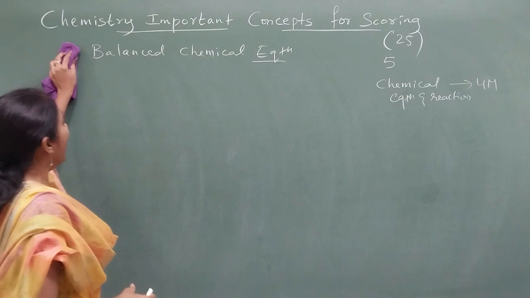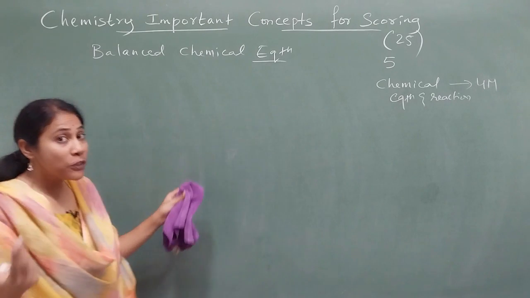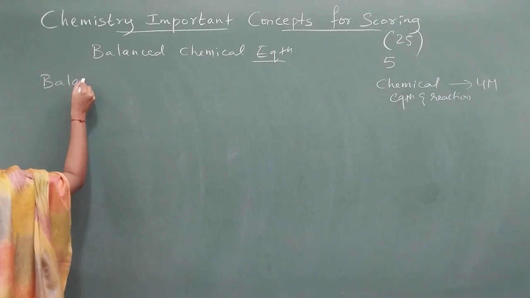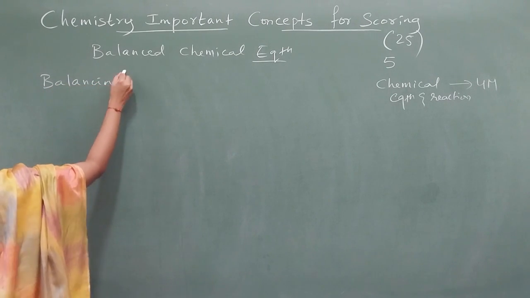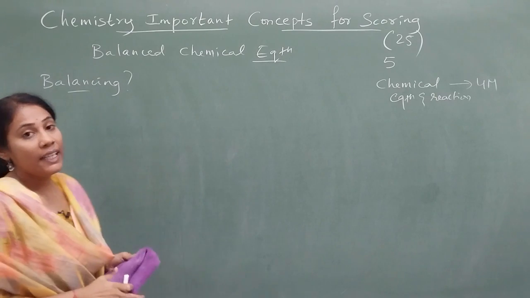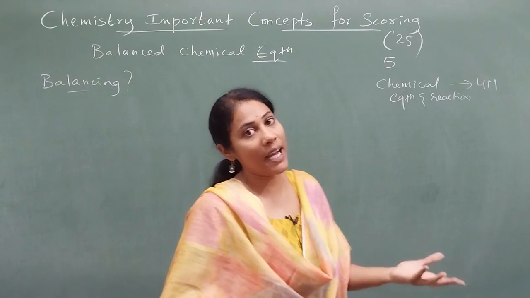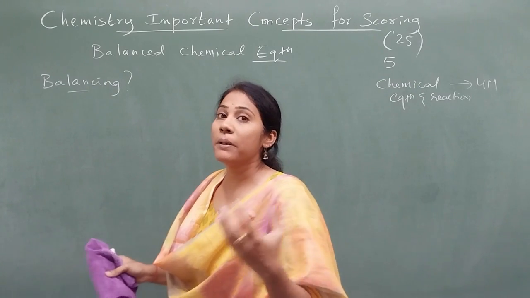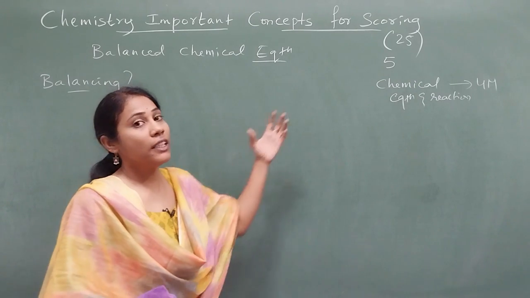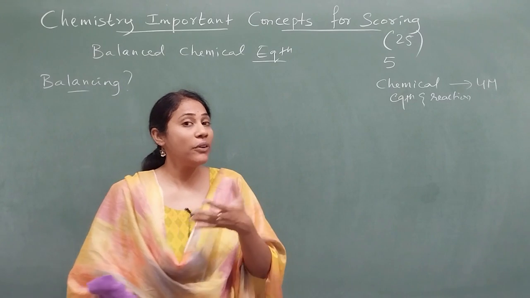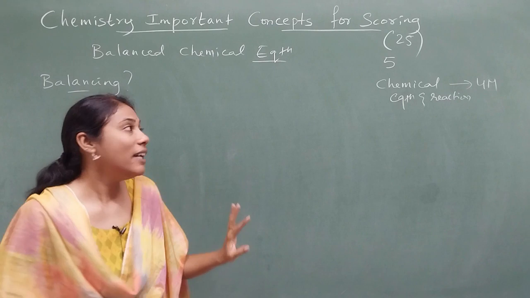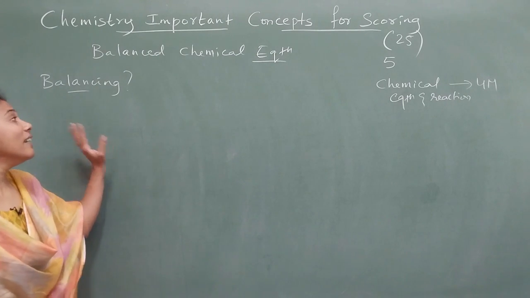As I said, in this chapter you have to learn balancing equations. A direct question on balancing may or may not be asked. Balancing is very much important, because even for questions from other chapters, when you have to write a balanced equation, it is mandatory. So properly learn balancing.